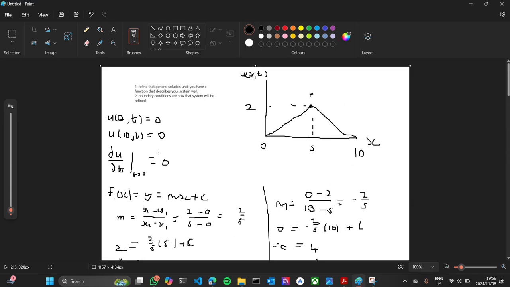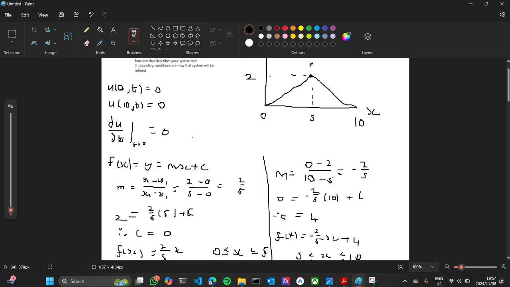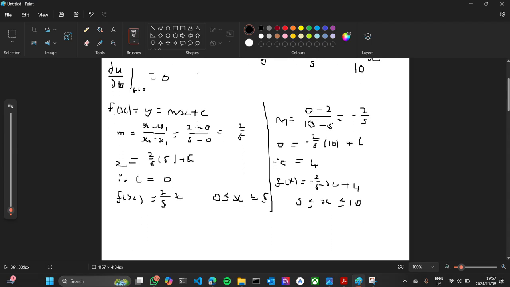Cool. So this should give us all of our boundary conditions that we need in order to evaluate this particular problem.